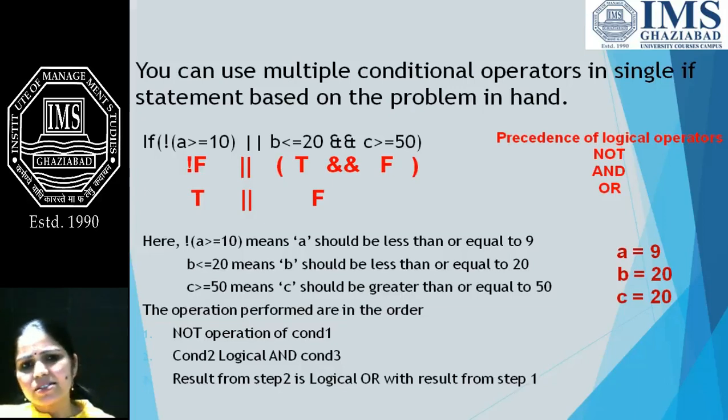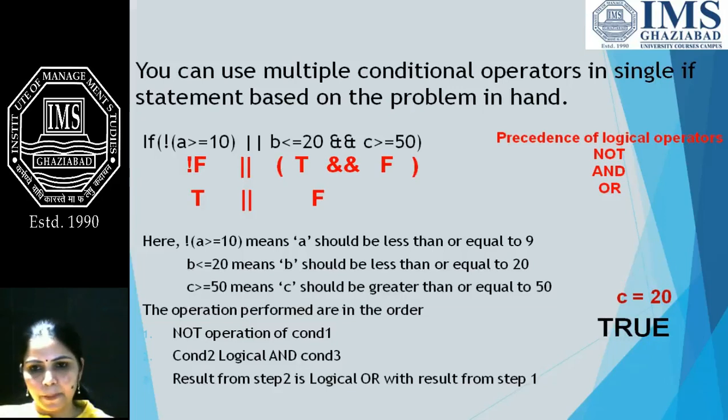For using these logical AND, logical OR, you should be able to remember how logical AND works and how logical OR works based upon the truth tables, and those truth tables should always be in your mind. Then only you can solve these types of logical problems. Now, true or false gives us a true result. So in this case, we would be getting a true.